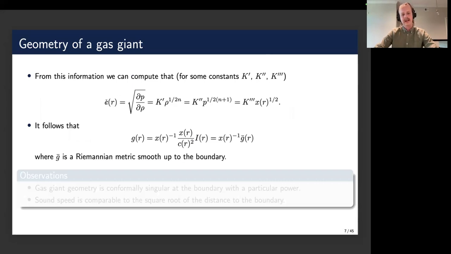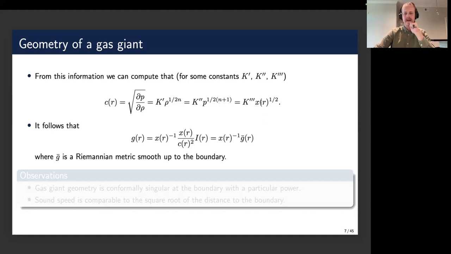It turns out that the sound speed of such a planet is given by the so-called isentropic derivative, which is a root of the derivative of pressure in rho. And you can combine the information from the previous slide to express it in a couple of different ways.